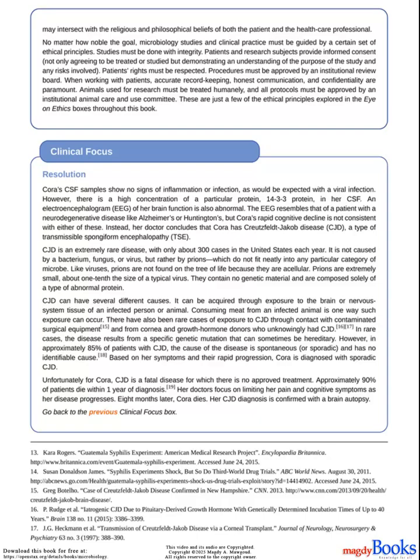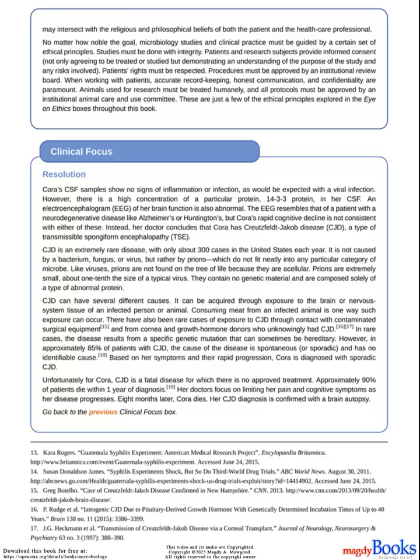CJD can have several different causes. It can be acquired through exposure to the brain or nervous system tissue of an infected person or animal. Consuming meat from an infected animal is one way such exposure can occur. There have also been rare cases of exposure to CJD through contact with contaminated surgical equipment and from cornea and growth hormone donors who unknowingly had CJD.